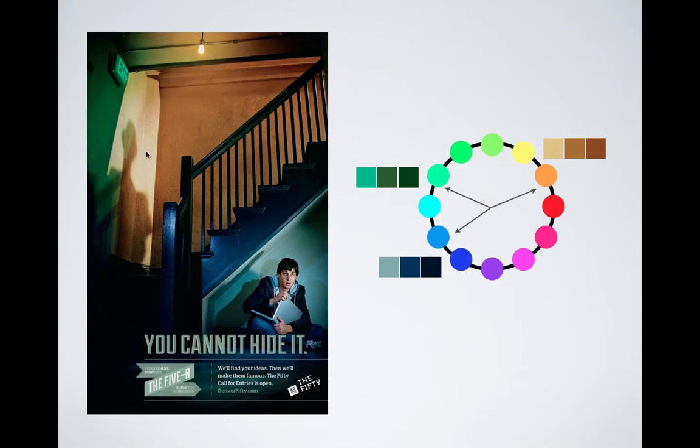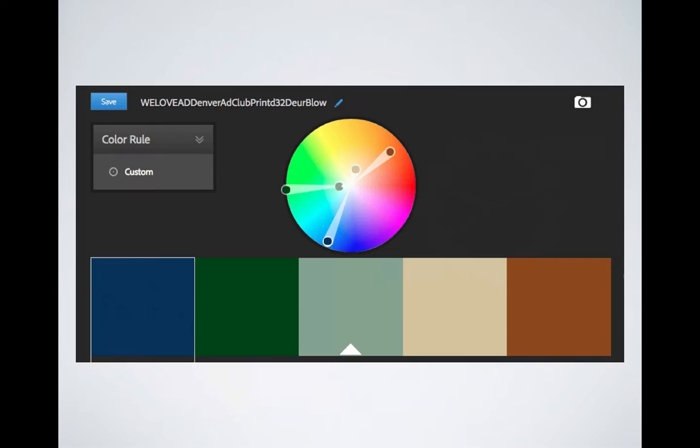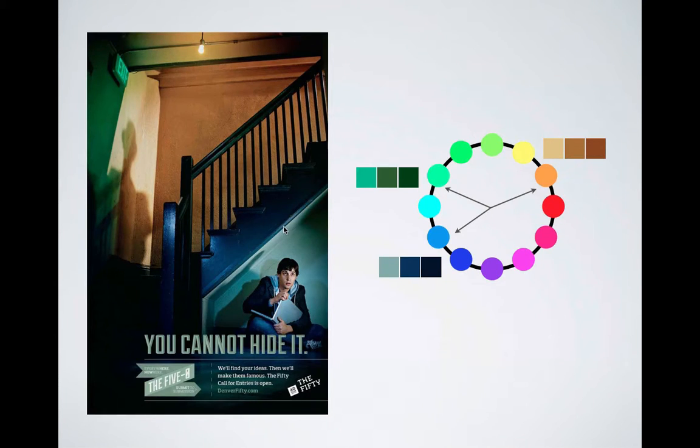But since the blue and the green are really closely related on the color wheel, it's more split complementary. So what this really allows is for these colors to interact really strongly, because you know that complementary colors are high contrasting.